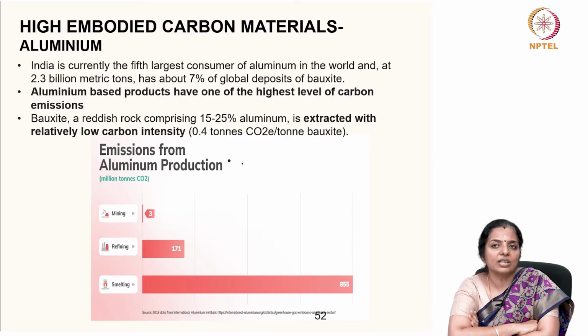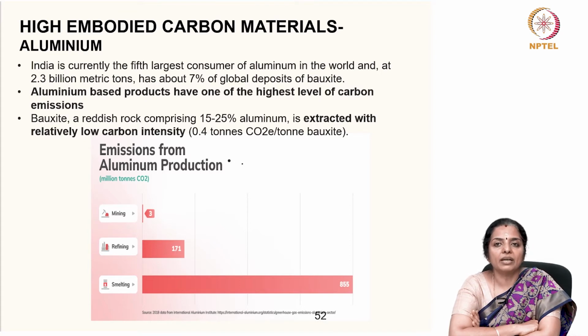Aluminum based products have one of the highest levels of carbon emission. So, before using aluminum in buildings, one needs to rethink its usage. The biggest advantage with aluminum, however, is its recyclability.